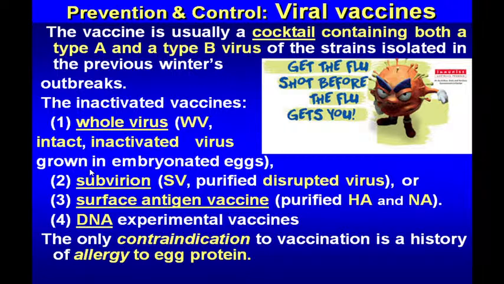And the hemagglutinins should be inserted from the strains that are actual or very important within this season. So every season we prepare special vaccines. We may keep the previous year's hemagglutinins, this year's hemagglutinins of type A, and maybe add the hemagglutinin from type B that usually causes the seasonal outbreaks.